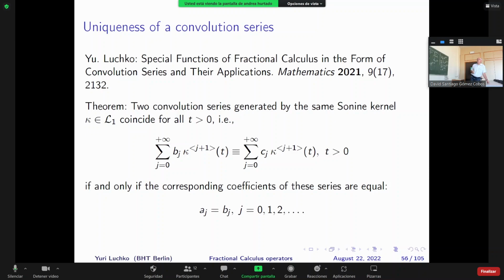And of course, the first result that has to be proven here and already proved in this paper, also a recent paper, is the following one. We have to guarantee uniqueness of this new object, this convolution series.